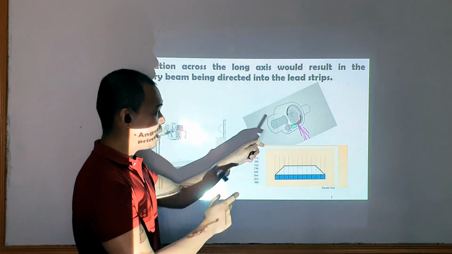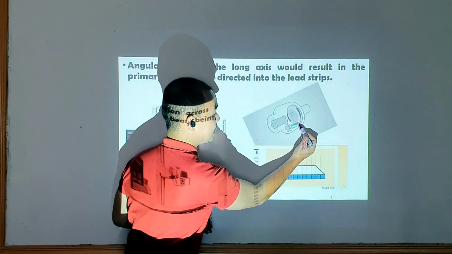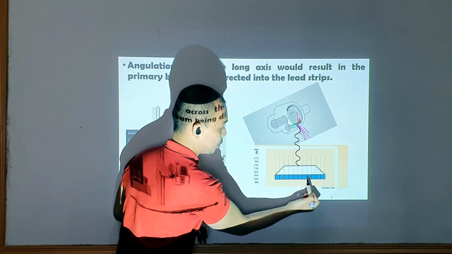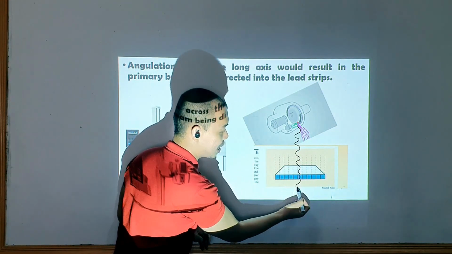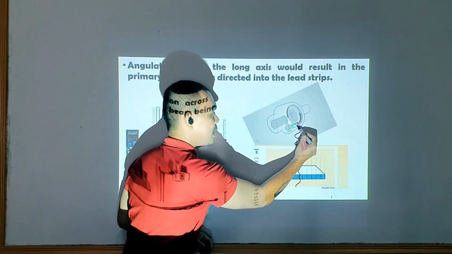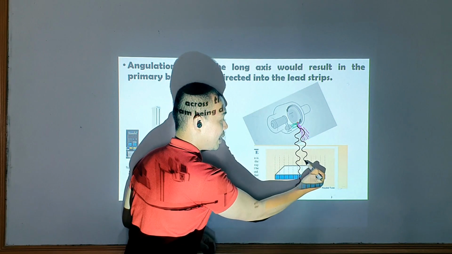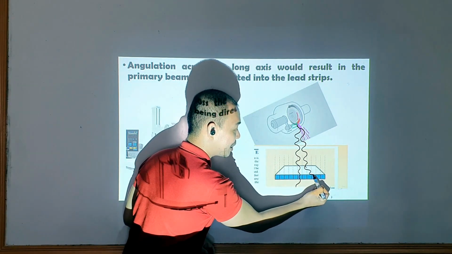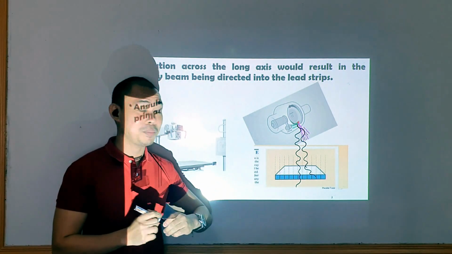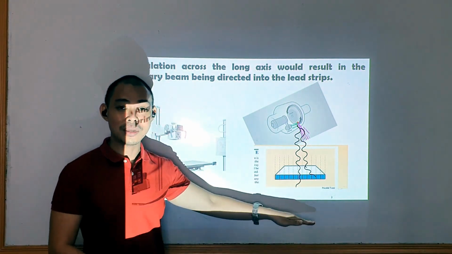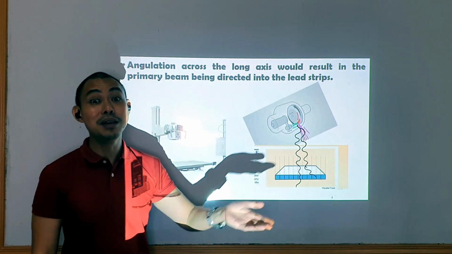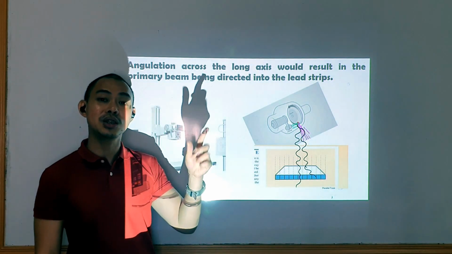There's a possibility that by angulating, instead of passing through the interspace material between each strip, the direction now can hit your lead strip. So what do you think will happen to the exposure of your image receptor? Do you think it will increase or decrease?